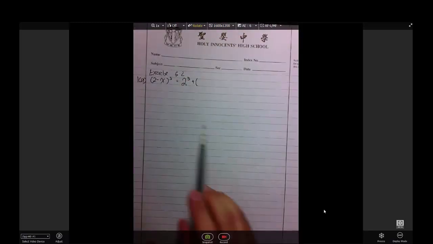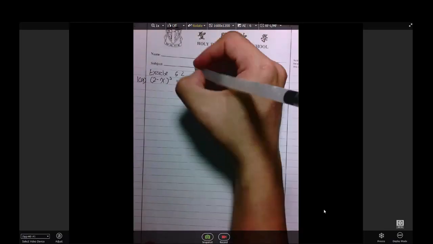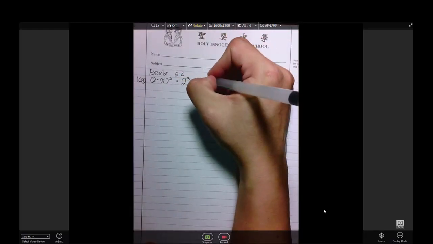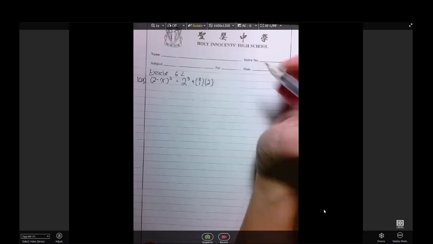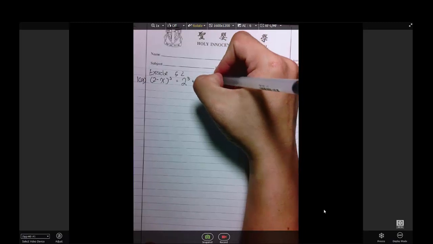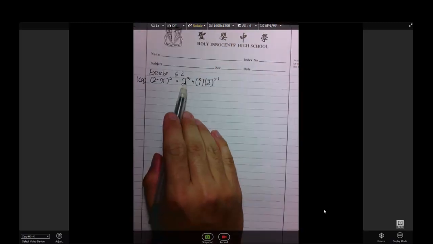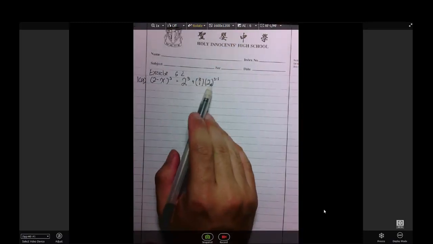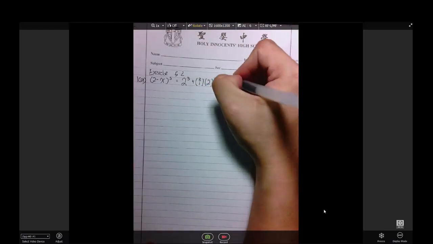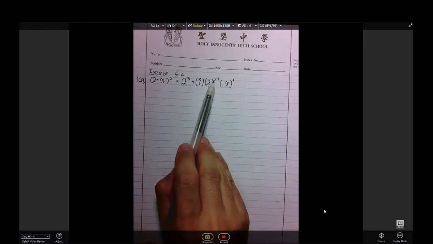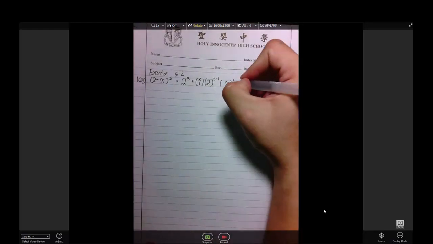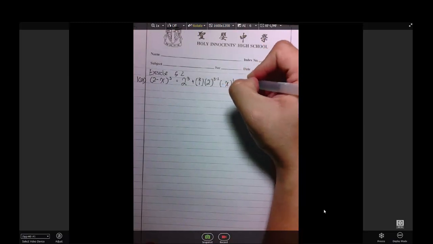So first is 2 to the power of 3, then it is 3 choose 1, then we put again the a, now just now here was 3, now we will have 3 minus 1, so just now initially was 2 to the power of 3, now will be 2 to the power of 3 minus 1, then we bring in the negative x to the power of 1, so here will be n minus r. Then the next term will be 3 choose 2.